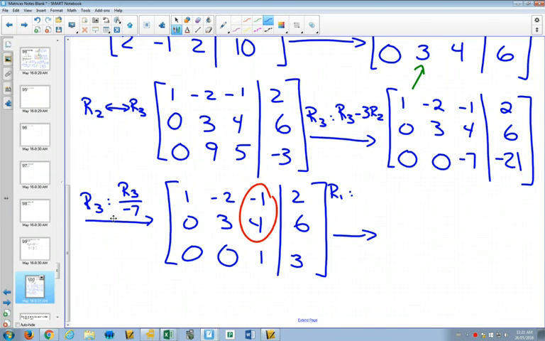So we're going to change row 1 by doing row 1 plus row 3. And we're going to look at row 2 by making that row 2 minus 4 row 3s.